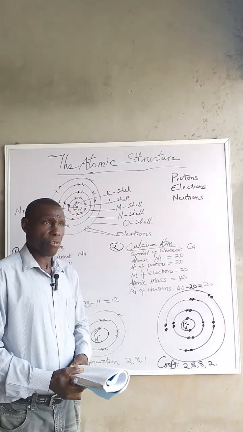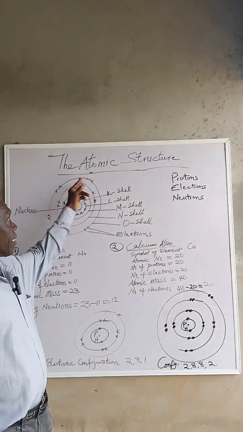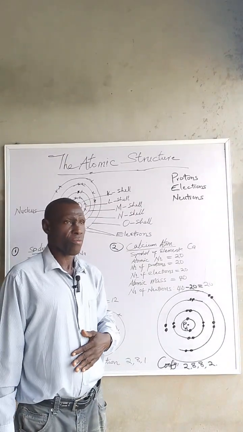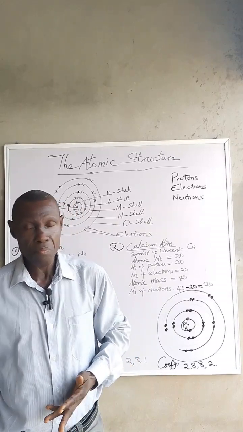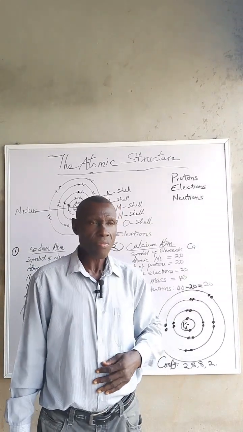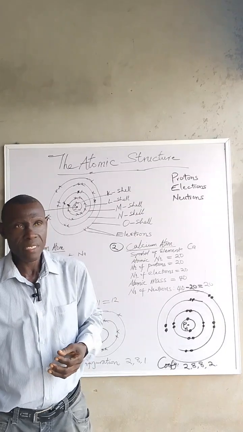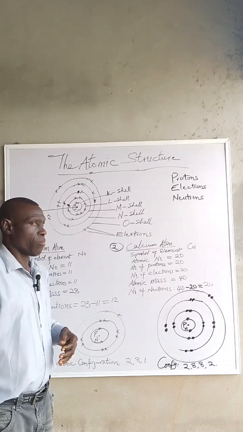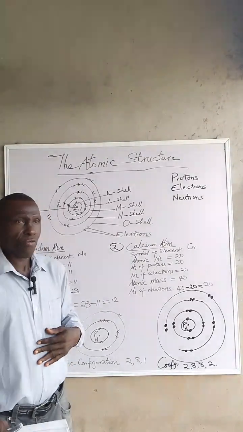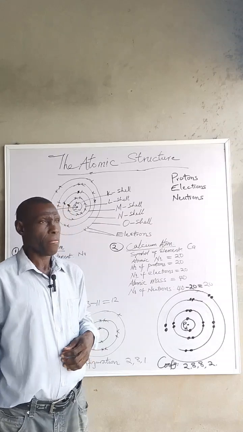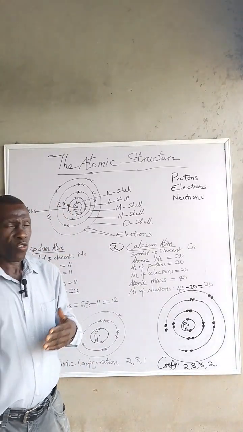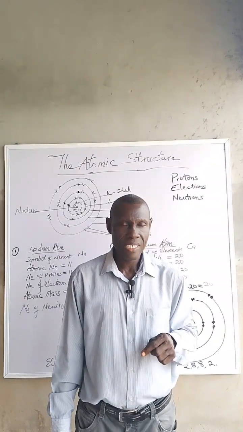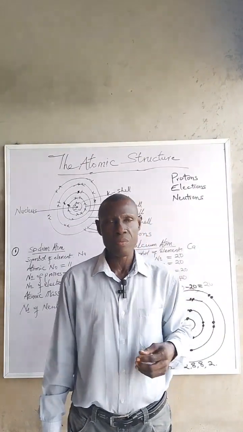What I have to discuss today is titled The Atomic Structure. As a chemist, you know that we have many different elements, and every element has its own atom. In our time, when we were in secondary school in the 70s, we defined atom as the smallest chemically indivisible particle of an element that can take part in a chemical reaction.